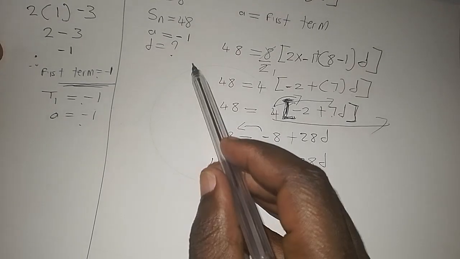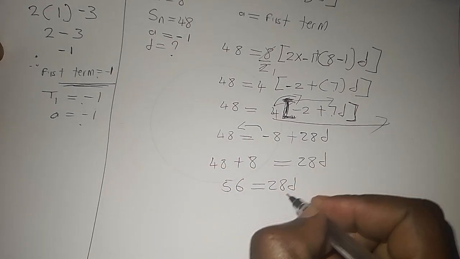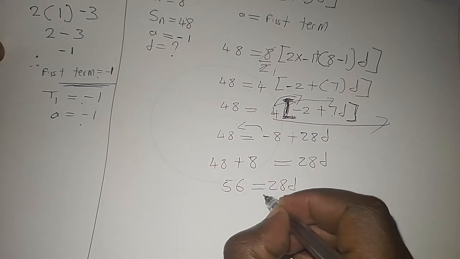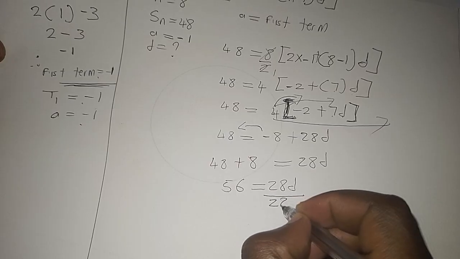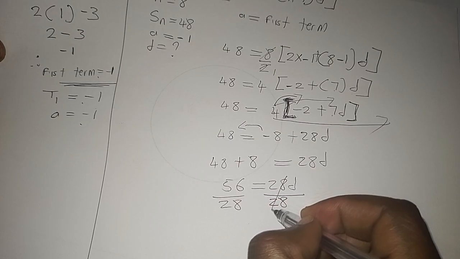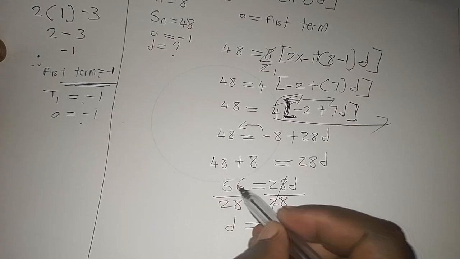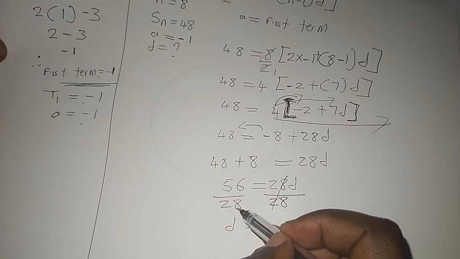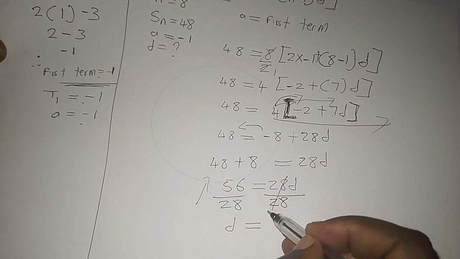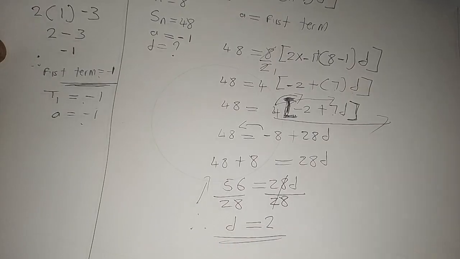Remember, our goal is to find d. This is why where there is d, there is a question mark. So what can we do to find d? We divide everything by 28: 28 over 28, and this side over 28. I cancel, then d equals 56 over 28. How many times can 28 go into 56? It is 2. So therefore d is 2.